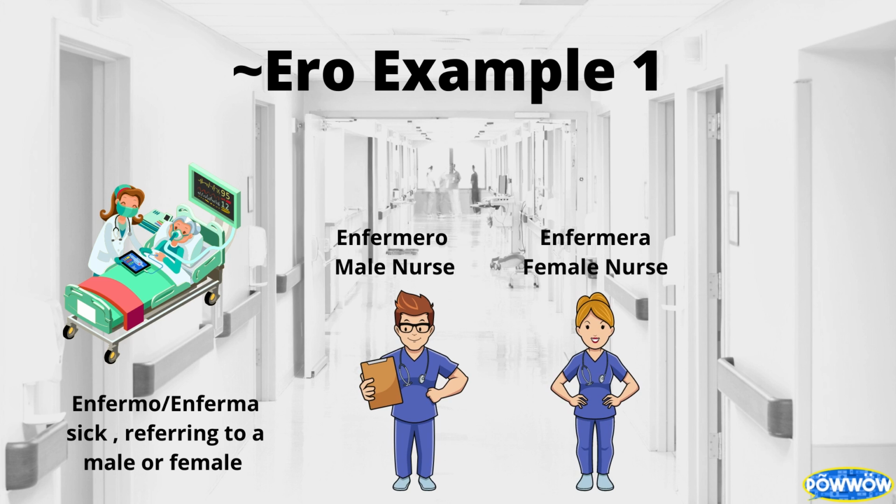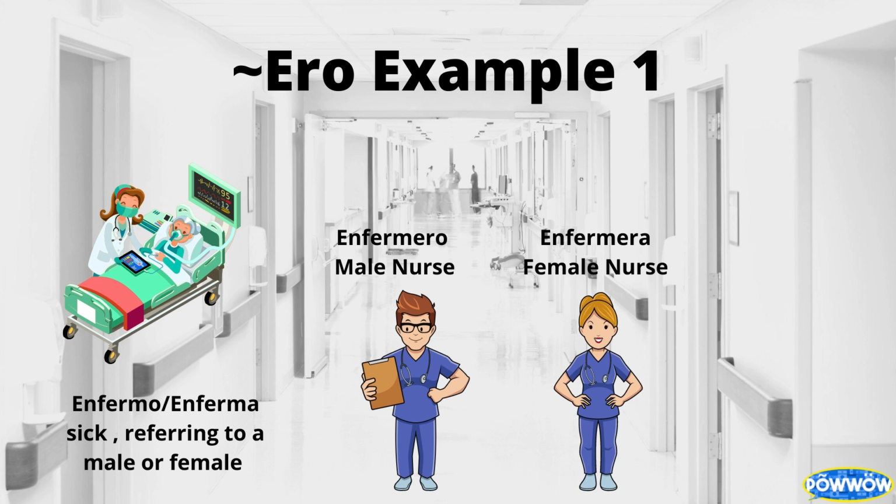Now, just so you can see here, the word for nurse in Spanish is enfermero, if it's a male nurse, and the word for a female nurse is enfermera. Now let's go over how we determine that and how we come to those words. So the word for sick in Spanish is enfermo.